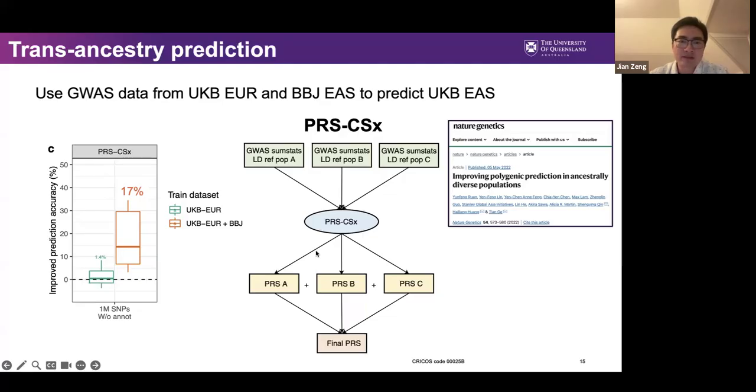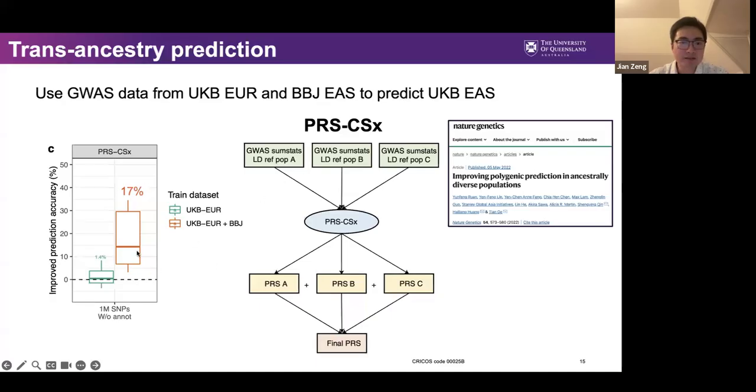We compare our method to a method called PRS-CSx. This method doesn't incorporate functional annotation. Instead, it uses another dataset of the target ancestry to enhance power. In our case, we used Biobank Japan, which has the same ancestry as the East Asian sample in UK Biobank.